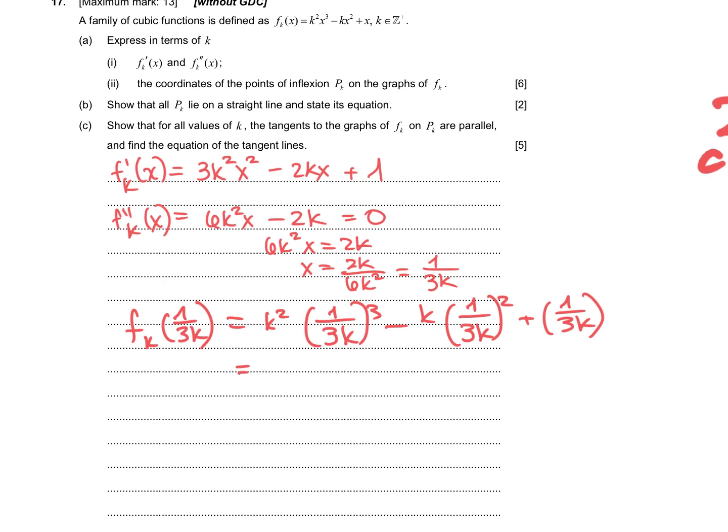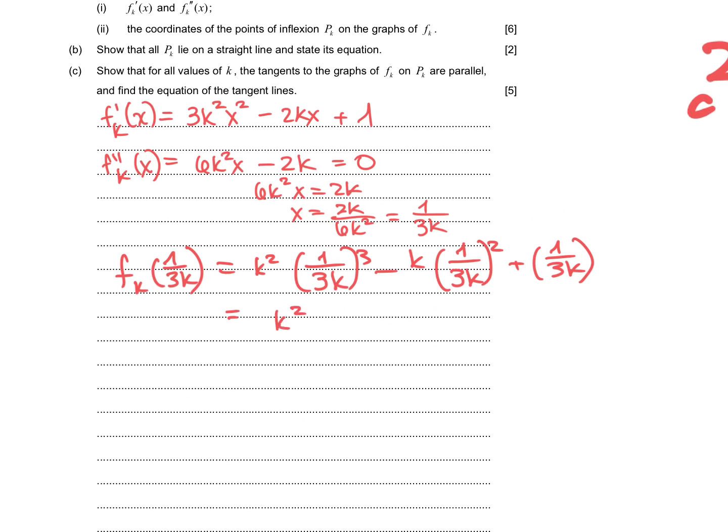So this is going to be k squared times 1 cubed over 3 cubed k cubed minus k times 1 squared over 3 squared k squared plus 1 over 3k.